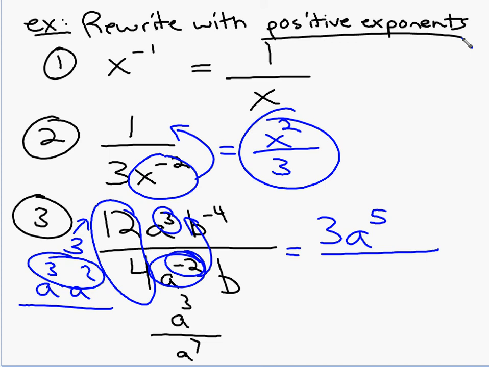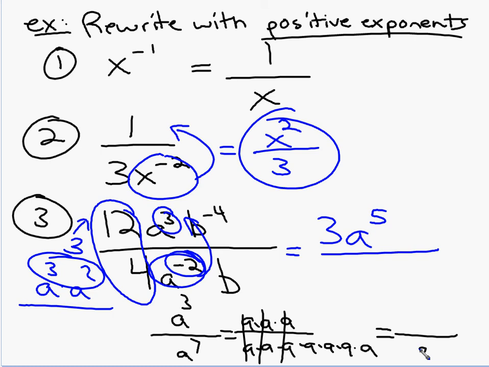And so that's why I say sometimes it just makes more sense to say, oh, this is a times a times a over all of these down here, and those go away, and now you've got your positive exponent in the bottom. Okay, we need to understand what's going on with exponents, not just learn rules.